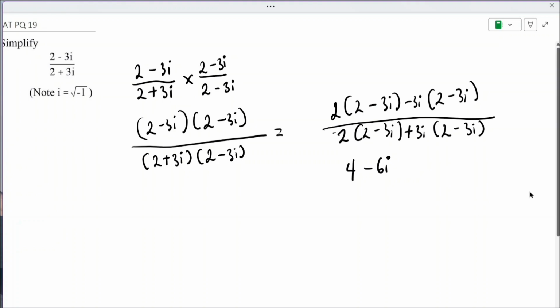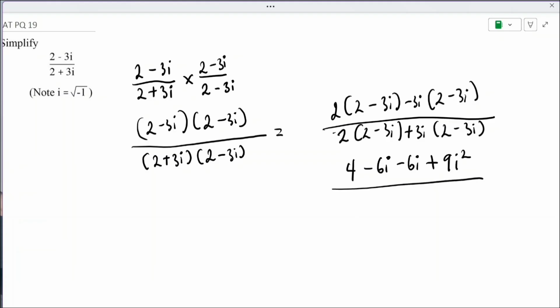Minus 3i times 2 will give you minus 6i. Then minus 3i times minus 3i, technical. Negative times negative will give you positive. 3 times 3 will give you 9. Then you have i times i will give you i square.